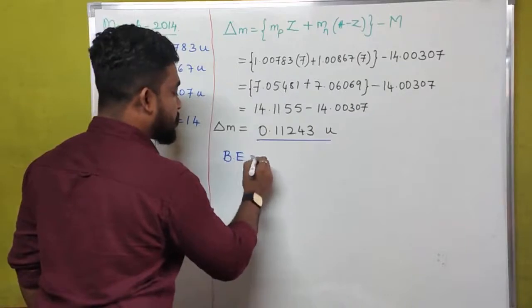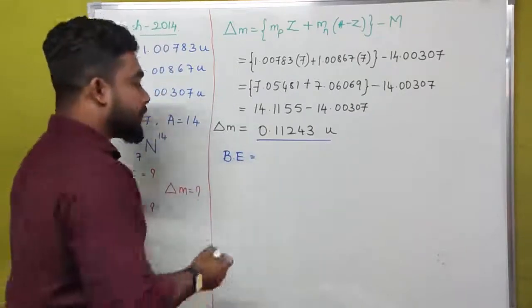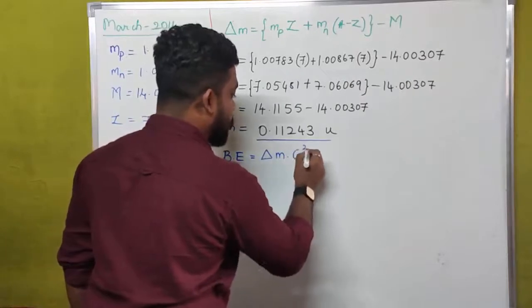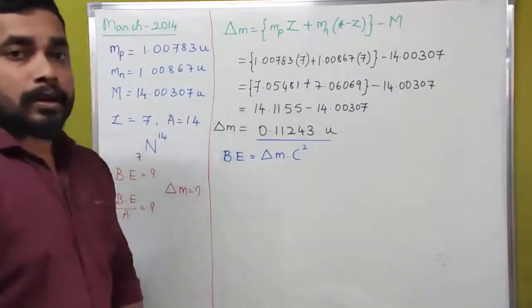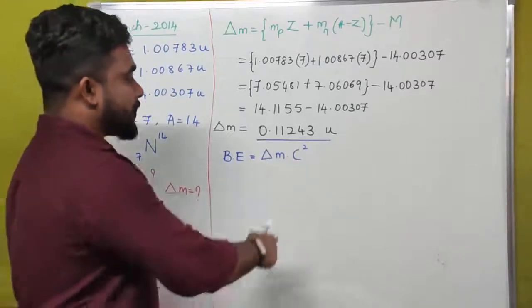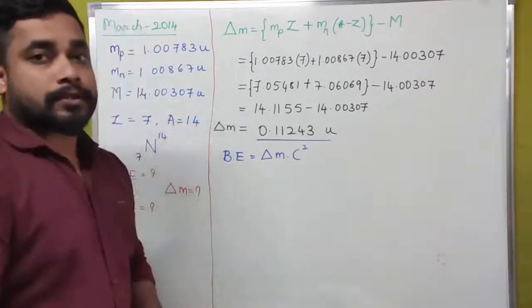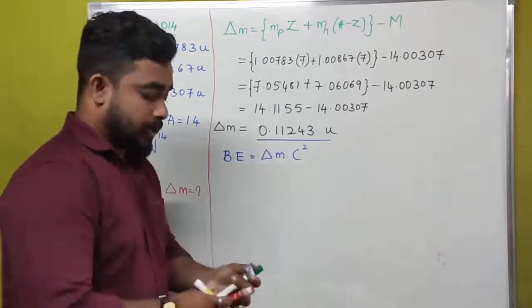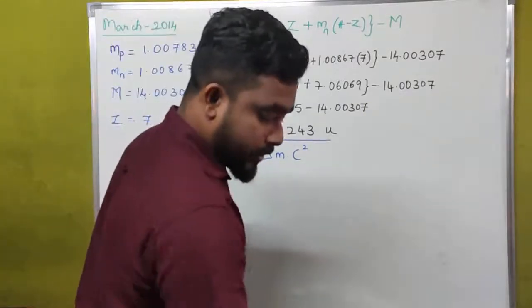Now what we have to calculate is the binding energy. What is the expression for binding energy? Binding energy is equal to delta M into C squared, where C is the velocity of light in vacuum.